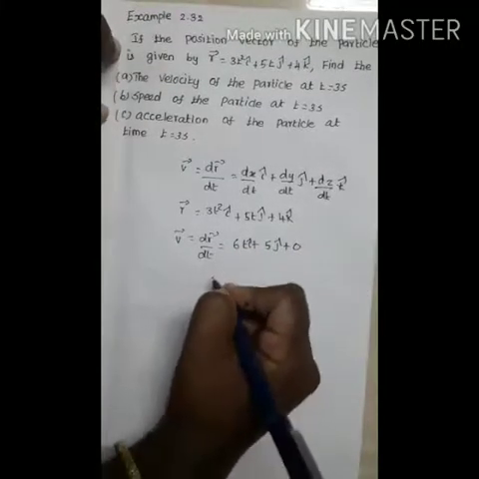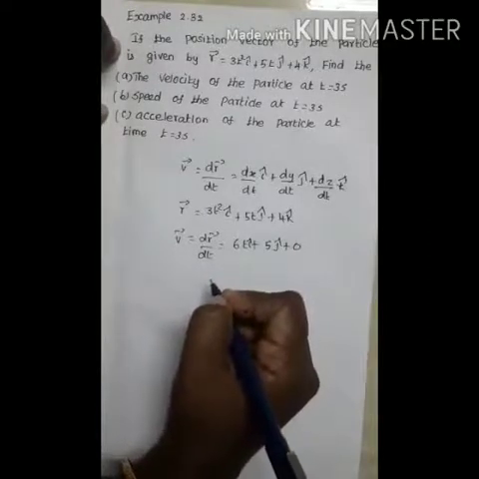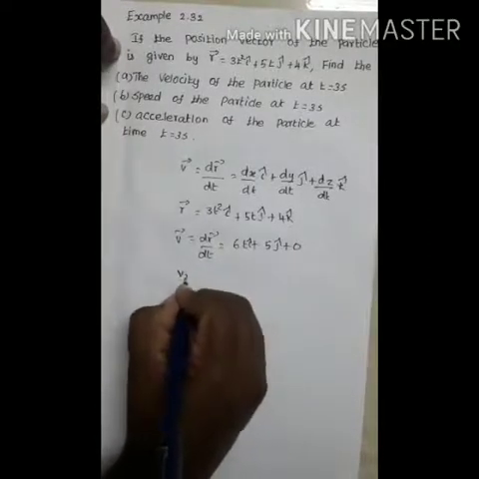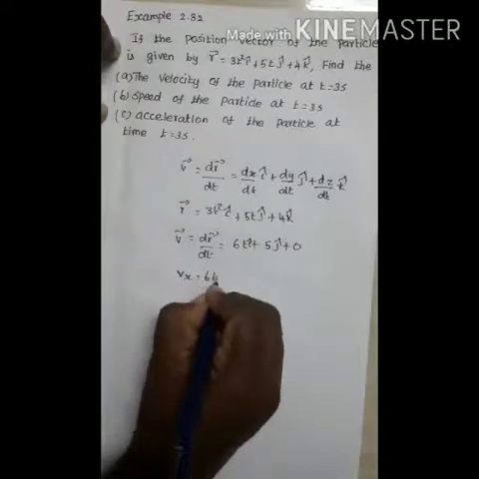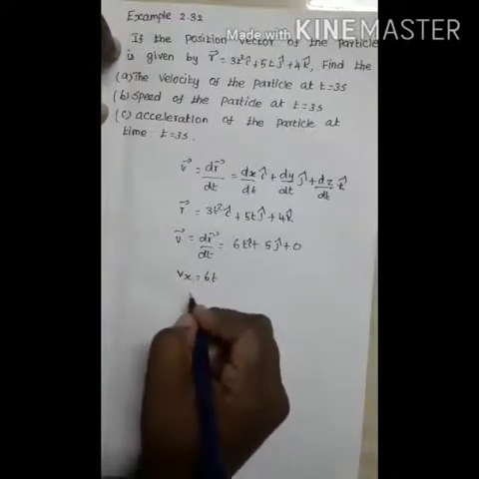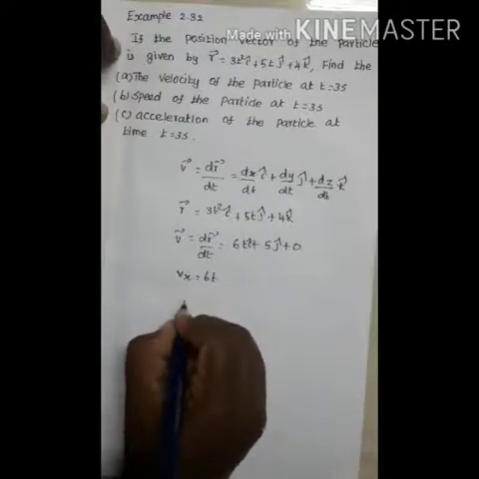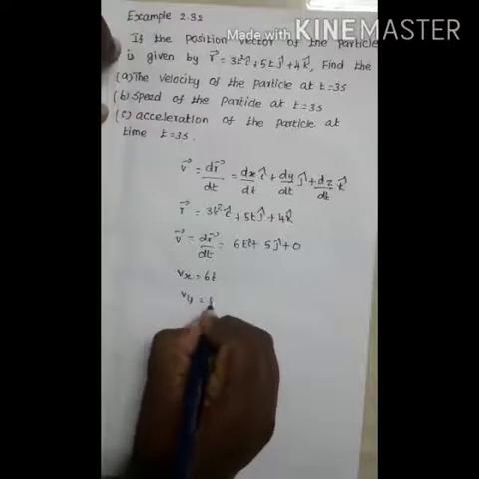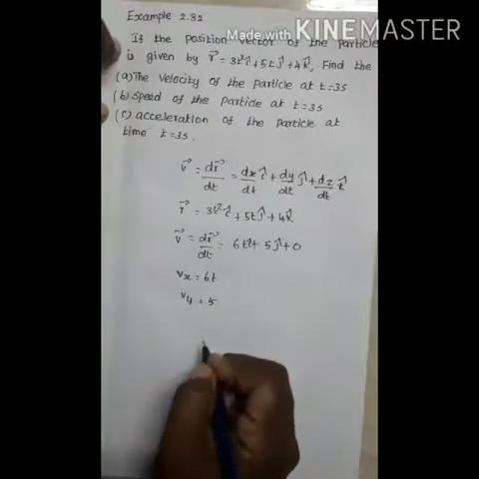Therefore, the velocity has only two components. First one, v of x is equal to 6t, depending on the time t, and v of y is equal to 5, which is independent of time.